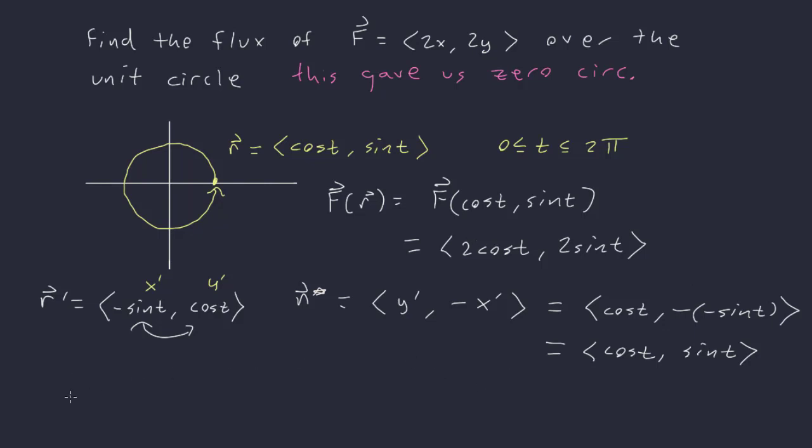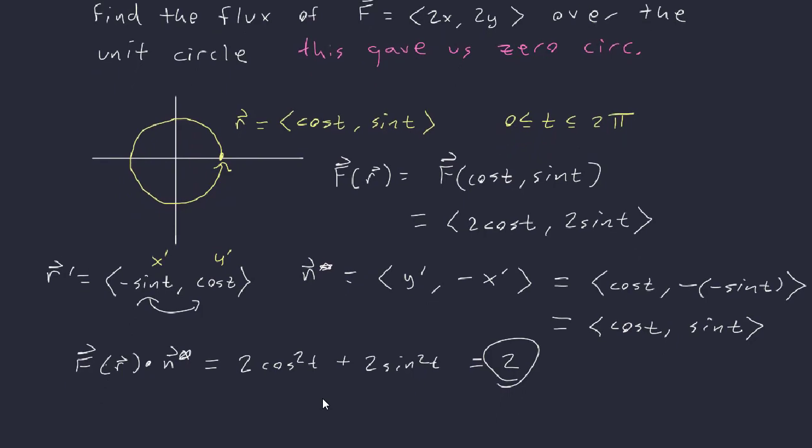And now we just take the dot product, right? So we take cosine t and multiply it by 2 cosine t, so it's 2 cosine squared t. Take 2 sine t and multiply it by sine t, so we get 2 sine squared t. Hopefully we've done this enough times to know that that's just going to be 2.